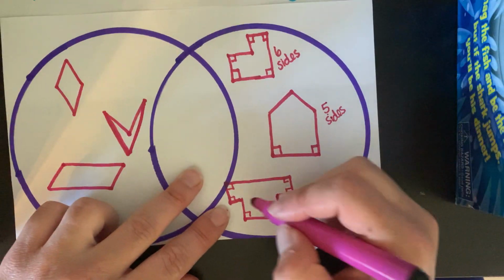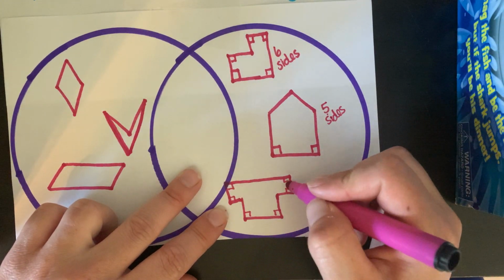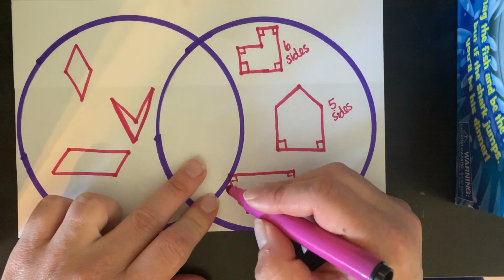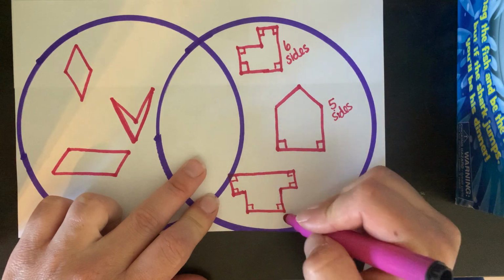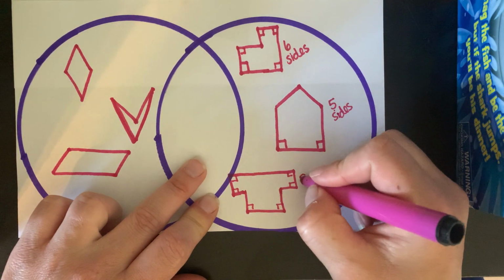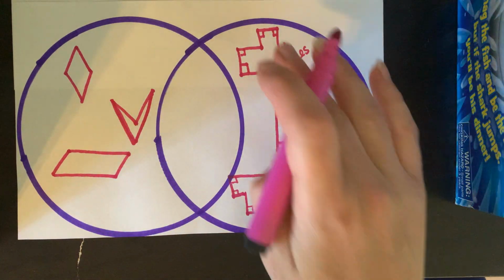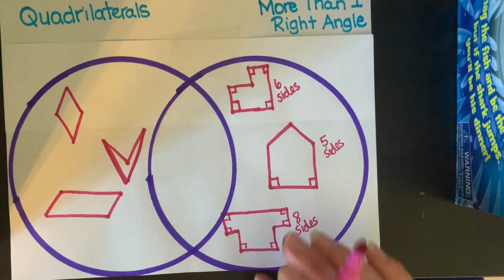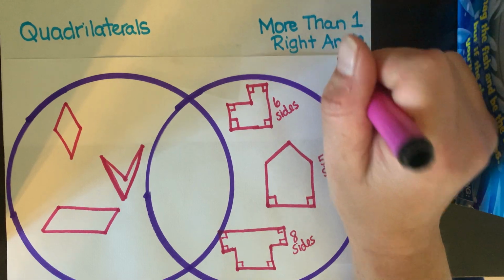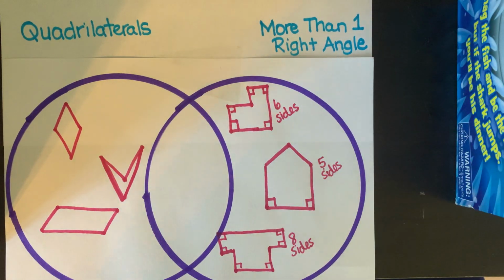And then down here, I have 1, 2, 3, 4, 5, 6 right angles. And I have 1, 2, 3, 4, 5, 6, 7, 8 sides, which makes this an octagon. So each one of these polygons satisfies the more than one right angle heading because there's more than one right angle.